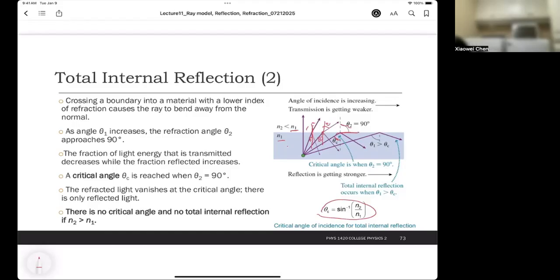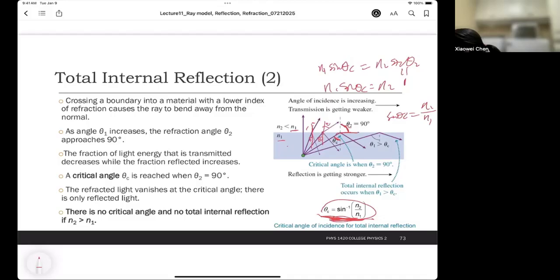We know n1 sin theta c equals n2 sin theta 2, am I right? When theta 1 equals theta c, theta 2 equals 90 degrees, which means sin theta 2 equals 1. So n1 sin theta c equals n2, which means sin theta c equals n2 divided by n1, and this is exactly the equation for theta c.